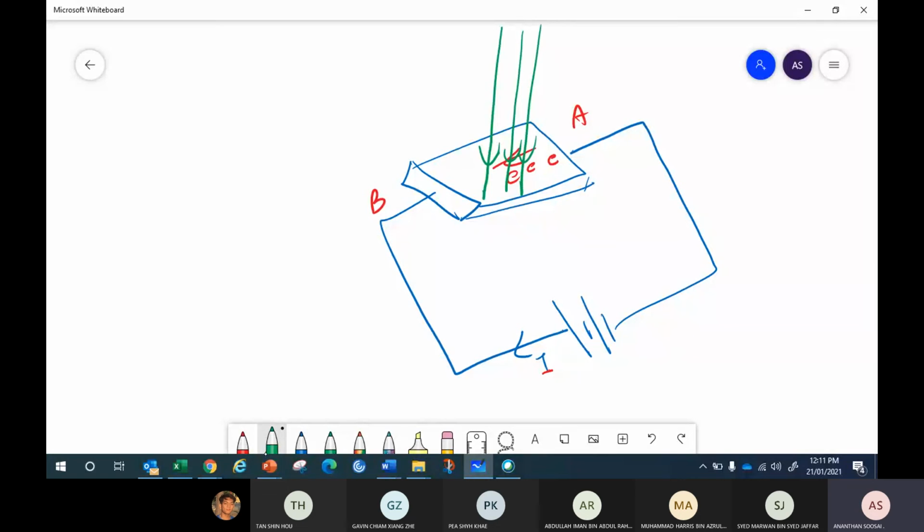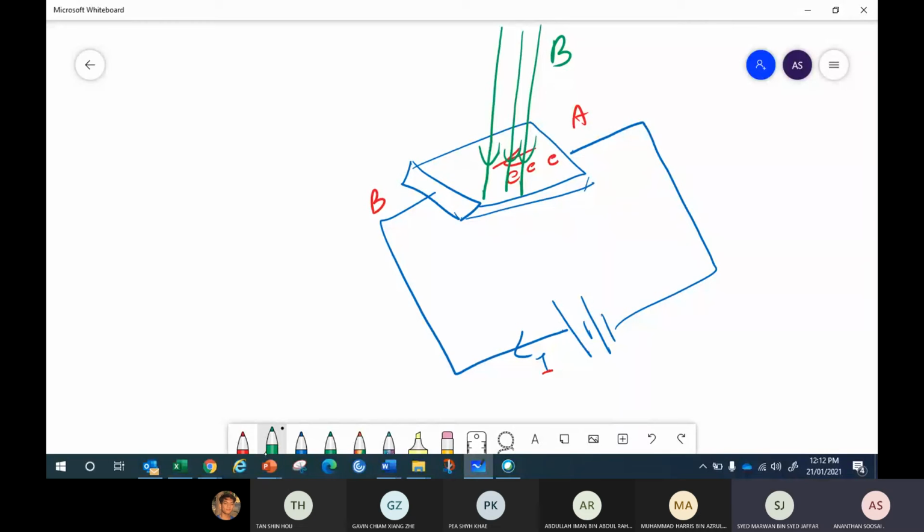The magnetic field is applied through the surface. The electron is coming from A to B. What will happen to the electron?